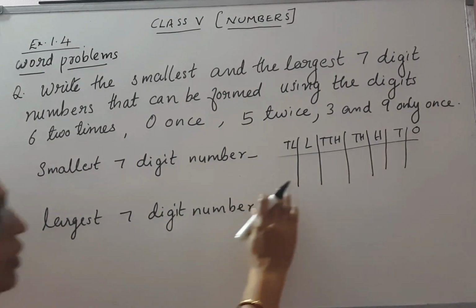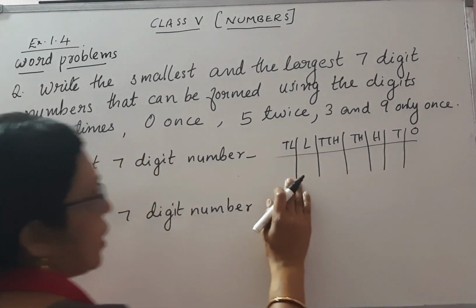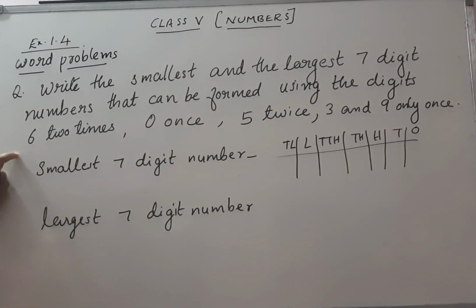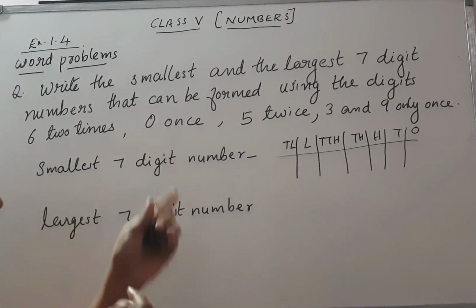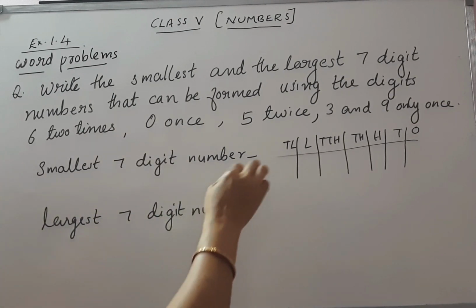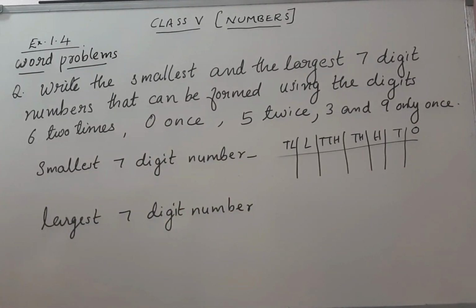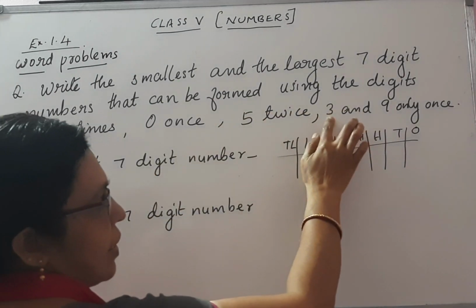How do we place the digits according to the given condition? The condition is 6 twice. For the smallest 7-digit number, 0 is the smallest digit, but we cannot write 0 at the start. So we have to take the next smallest digit, which is 3.